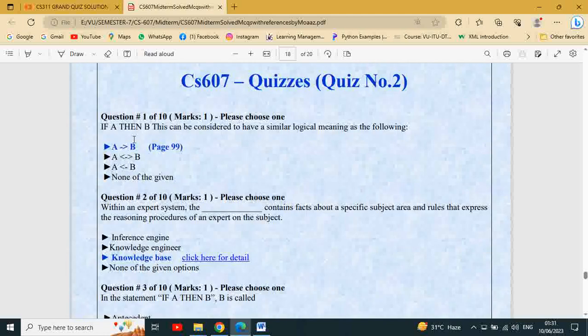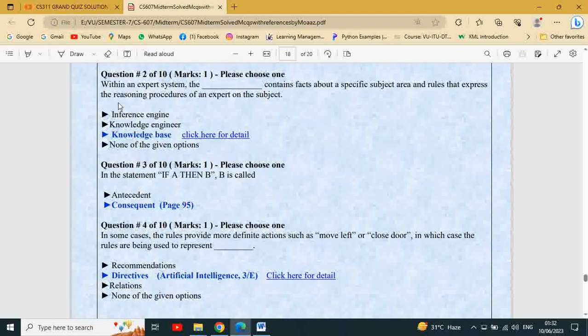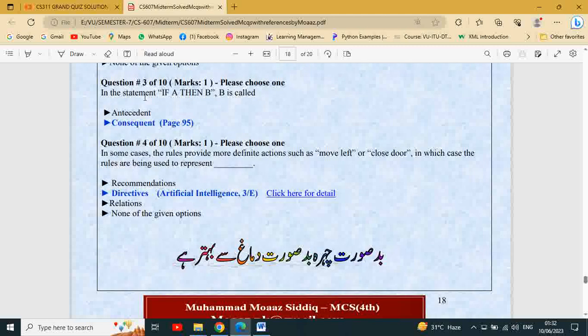In an if A then B statement, this can be considered to have a similar logical meaning as the following: A then B. This one. Within an expert system, the knowledge base contains facts about a specific subject area and rules that express the reasoning procedure. In the statement if A then B, B is called the consequent.